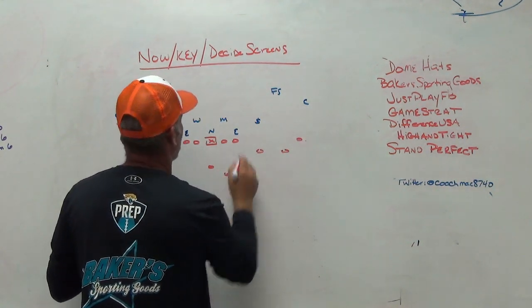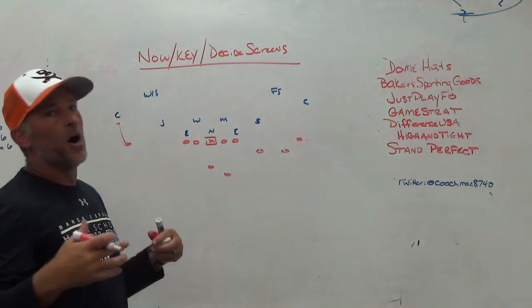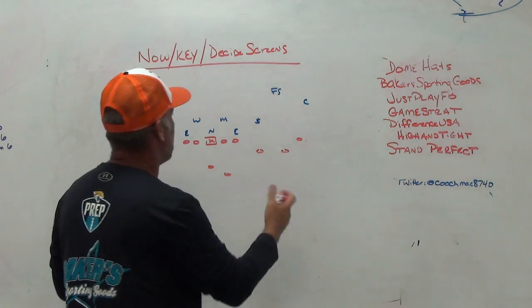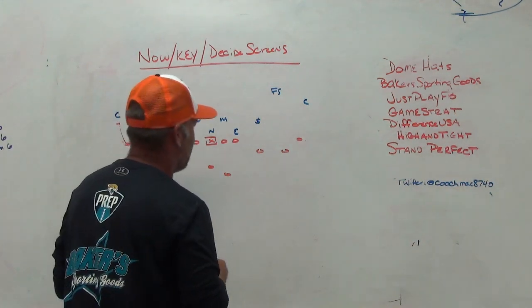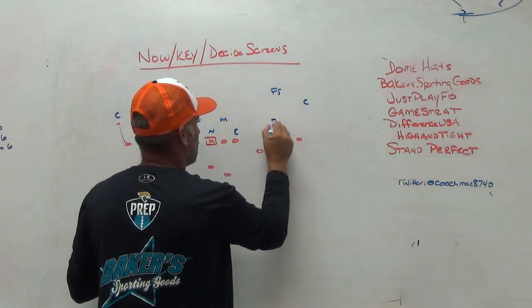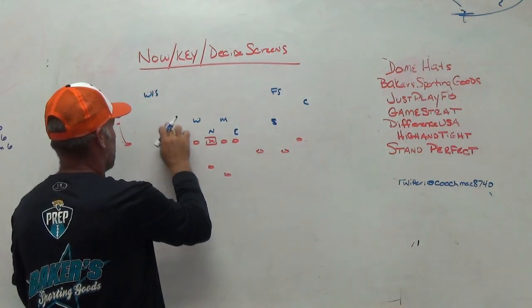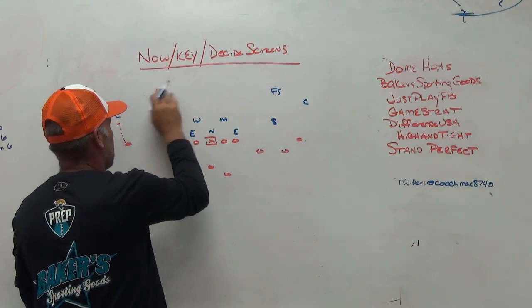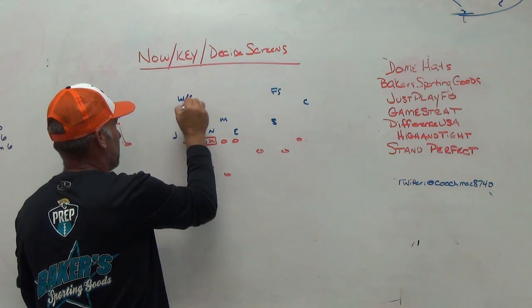The side screens for us become more about leverage and numbers, and they're tied to the quarterback's decision in the run game. So if we're in 3-by-1, and let's say for argument's sake, maybe they adjust the front and bring the jack. Maybe they cheat the backside safety over.